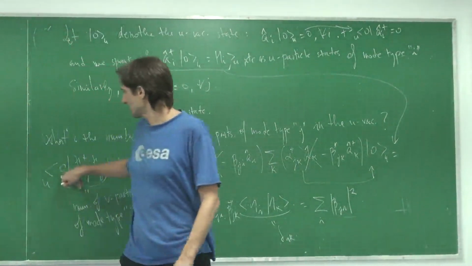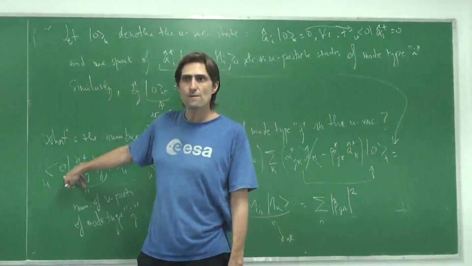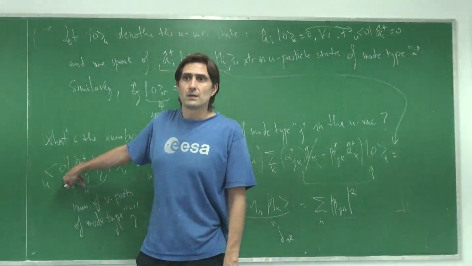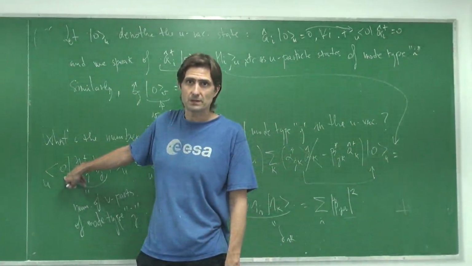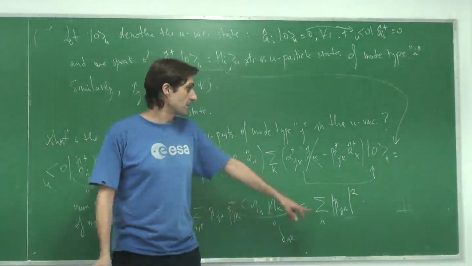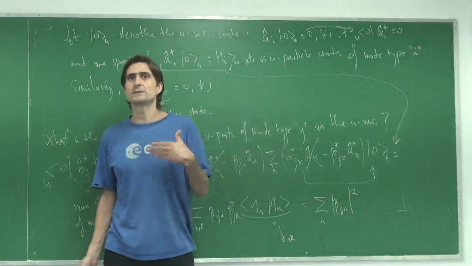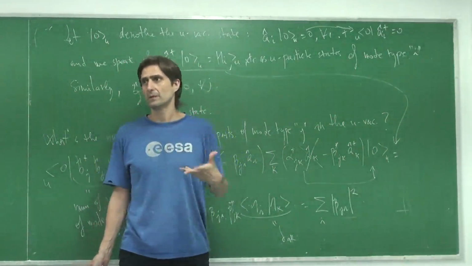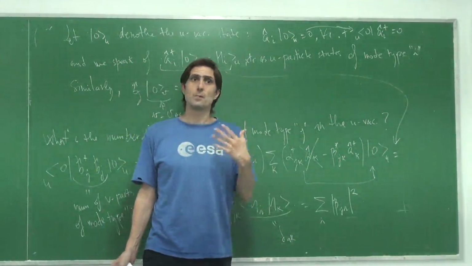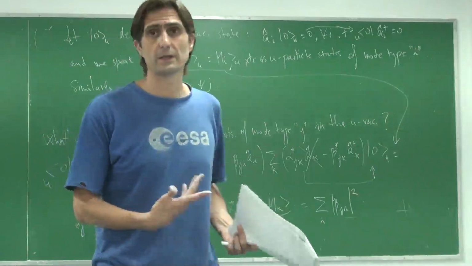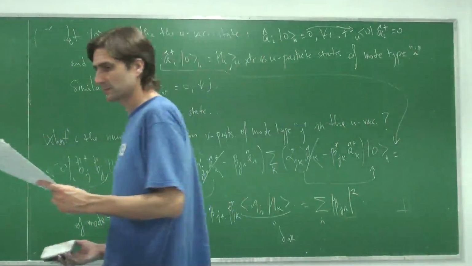So the U vacuum state in general contains V particles. This is the number of V particles. If it happens to be so that the betas are 0, then it does not contain any V particles. But if any of the betas is not 0, then it does contain some V particles.